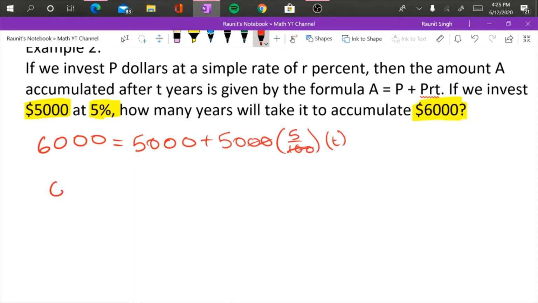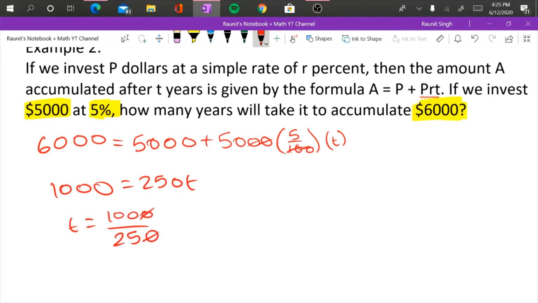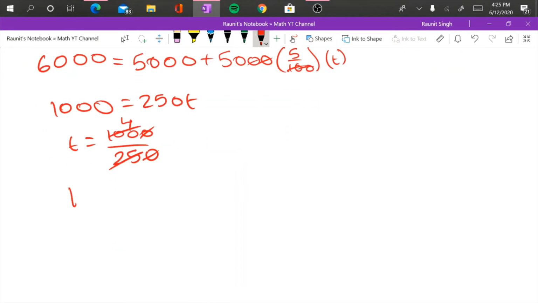And then we get 6,000 equals 5,000 plus 250 T. Well, we can subtract 5,000 from both sides to get 1,000 equals, let's see, 50 times 5, which is 250 T, and then we get T is equal to 1,000 over 250, cancel out the zeros, and we get 100 divided by 25, which is 4, so it's going to take 4 years, and then that is going to be our answer, 4 years.